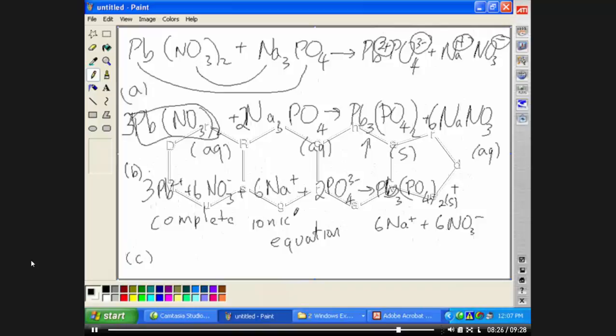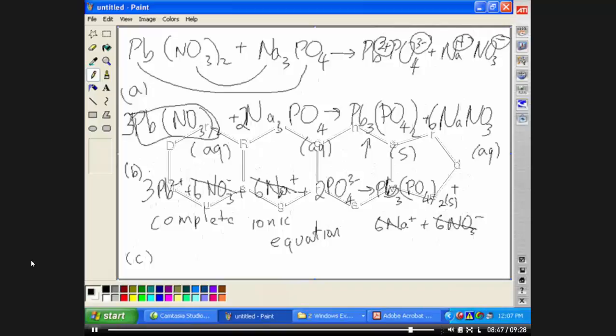Now if we want the net ionic equation, what we're interested in now is just what reaction will form the solid, and that's just between the lead and the phosphate. What we can do is cancel what is exactly the same on both sides of the reaction, and that would be the nitrates and the sodiums.